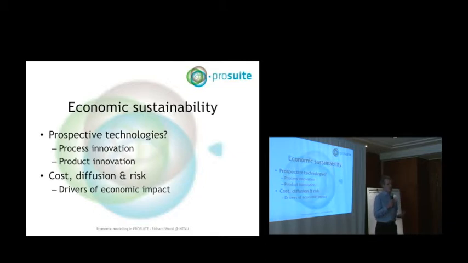So it's not just a functional unit approach, but seeing how a product is being used by other sectors or consumers in the economy. The third aspect we tried to cover in this work package is the concepts of risk and uncertainty and how we can embody this, because it's very relevant for prospective technologies. Based on this, we tried to include all of this in a common framework to give us a measure of economic impact.